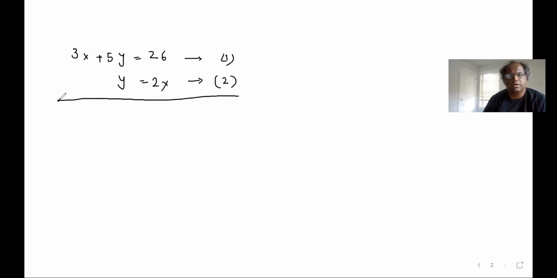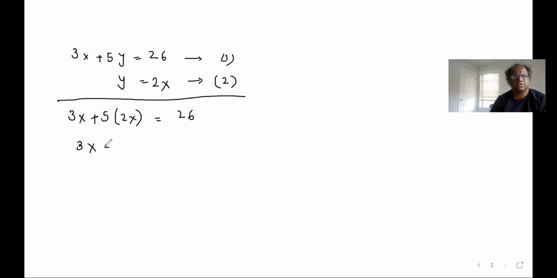Now, you see here, I want to substitute. I have y is equal to 2x, so I can substitute whatever I get from equation 2 into equation 1, and you see how equation 1 will come. Okay. So 3x plus 5 times 2x is equal to 26.